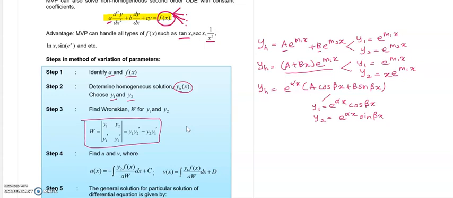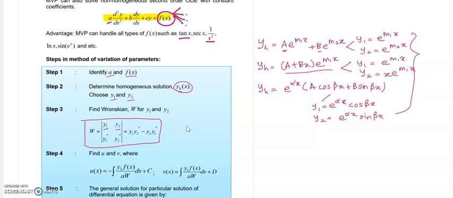You have the determinant sign, and inside the determinant you put y1 and then y2, and at the bottom we have y1 prime and y2 prime. Based on the y1 and y2 that we identified, we need to find the corresponding derivatives, y1 prime and y2 prime, and then we compute W.